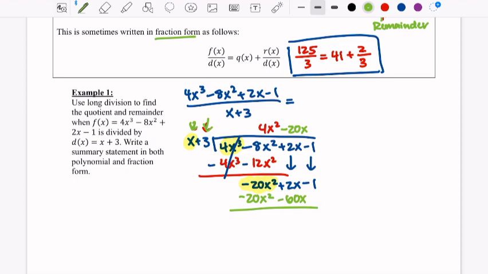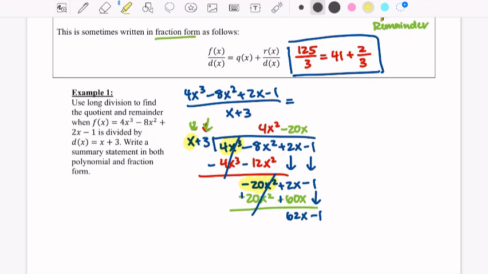Okay, drawing my line, I'm going to subtract these terms, so that's changing my sign. My negative 20x squared will become positive. My negative 60x will become positive as well. So my x squared terms are going to add to 0. And so now I will have 62x, and then I'm going to bring down my 1.